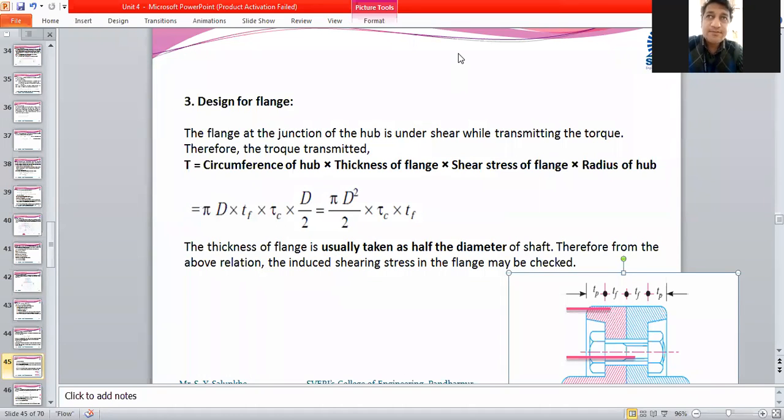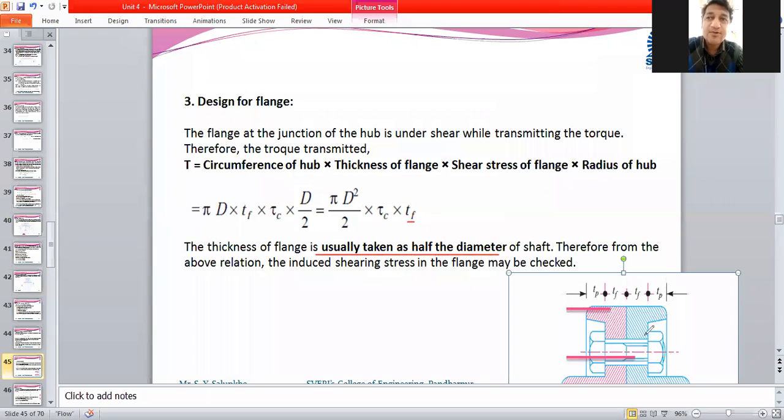So as the proportional dimensions which we are going to choose, already we have seen that the thickness of this flange is taken as half of the diameter of the shaft. Normally it is taken as half of the diameter of the shaft, or I have told you that it will be taken as double the diameter of the nut which we have calculated.